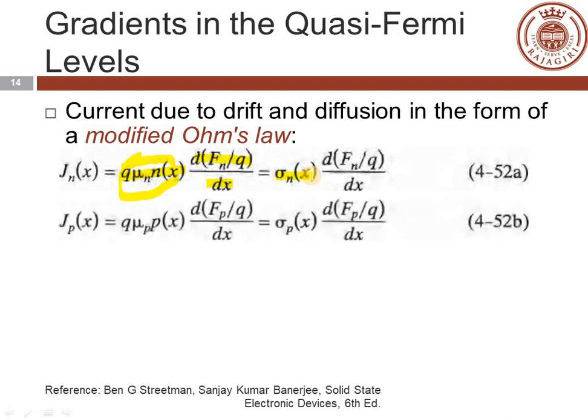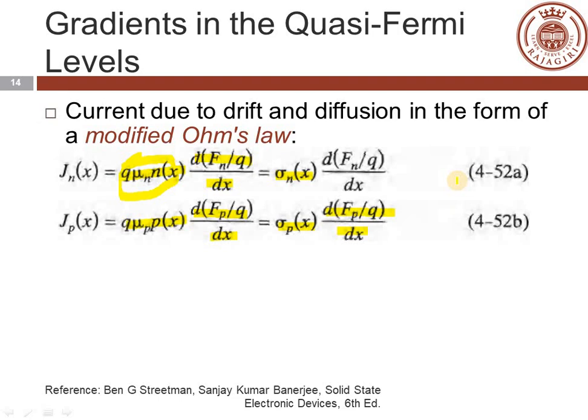Similarly, for holes, we can write Jp of x equal to Q mu p p of x d by dx of Fp by Q, equal to sigma p of x into d by dx of Fp by Q. So equation 452a is for electron current density, and equation 452b is for hole current density.